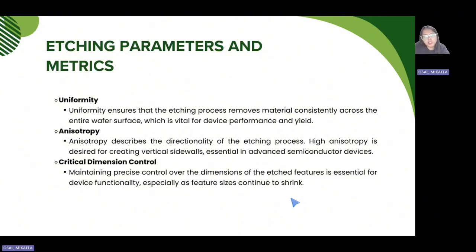Uniformity ensures that the etching process removes material consistently across the entire wafer surface. A uniform etch ensures consistent device performance and high yield. Balancing these parameters is critical for any successful etch recipe.